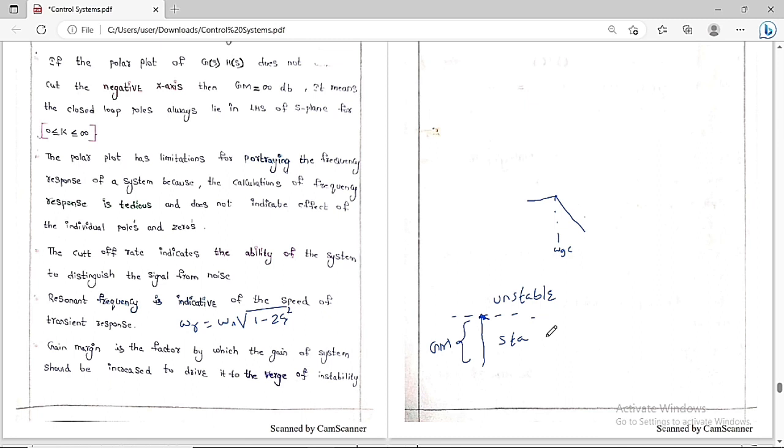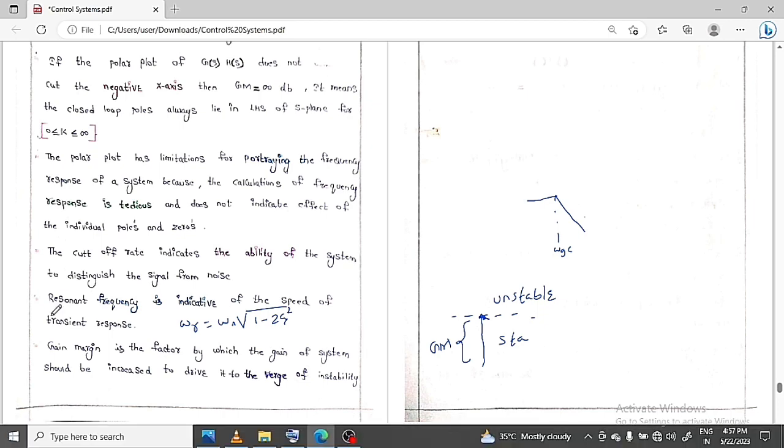Whenever the gain crossover frequency is greater than the phase crossover frequency, the system is said to be unstable, and the gain margin and phase margin are both negative. So finally I can say gain margin is a factor by which the gain of the system should be increased in order to drive it to the verge of instability.